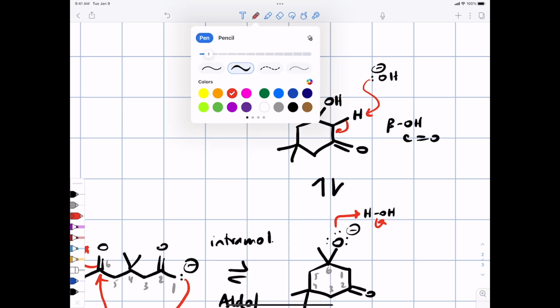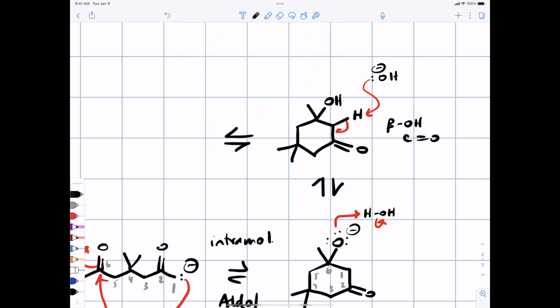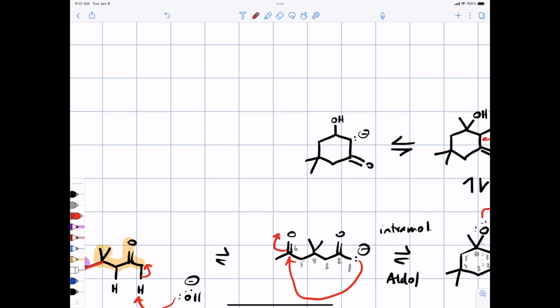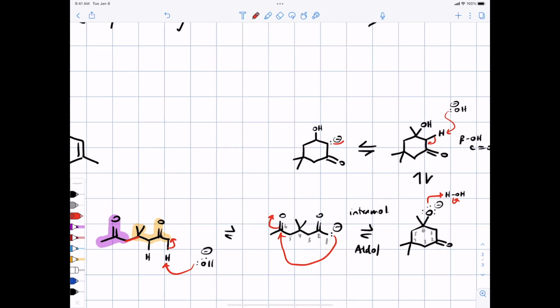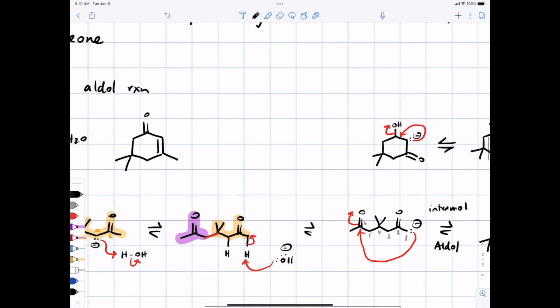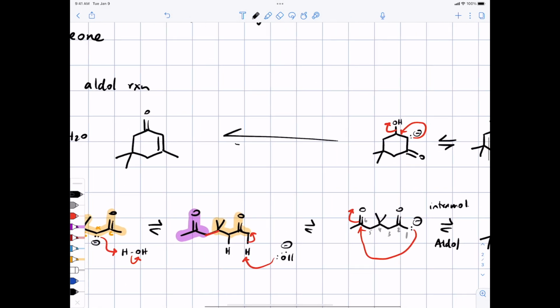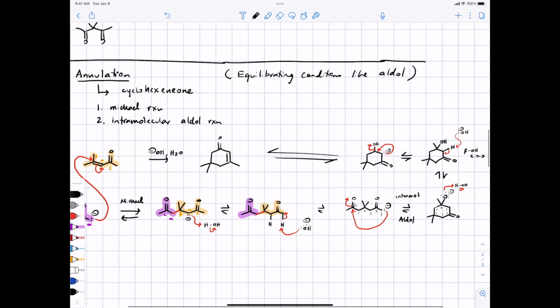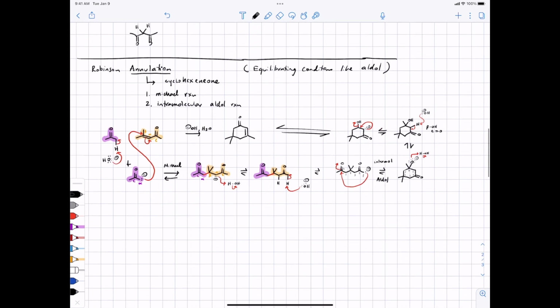That makes our enolate, and this is the E1CB reaction, where we make the enolate first. And then, and only then, do we kick off the OH group to give us our alpha beta unsaturated carbonyl compound.